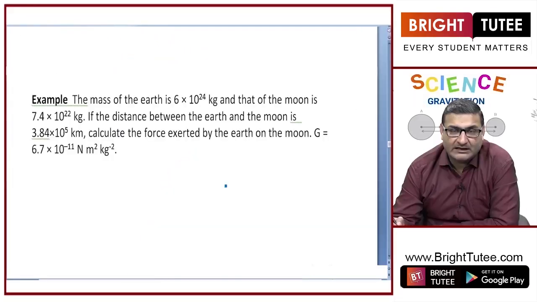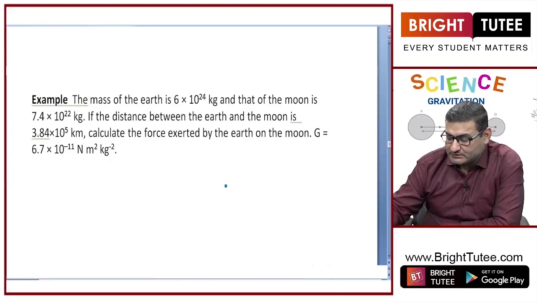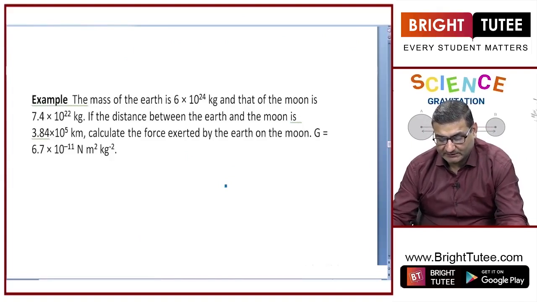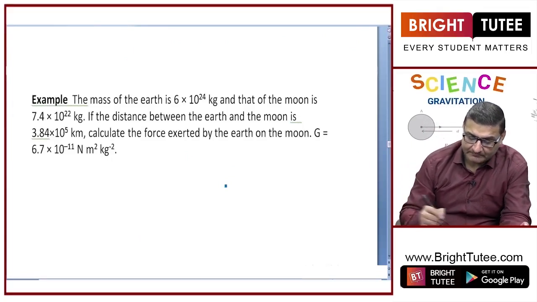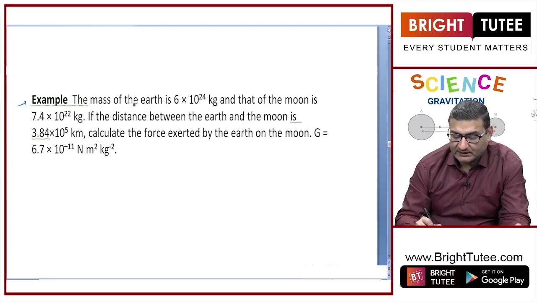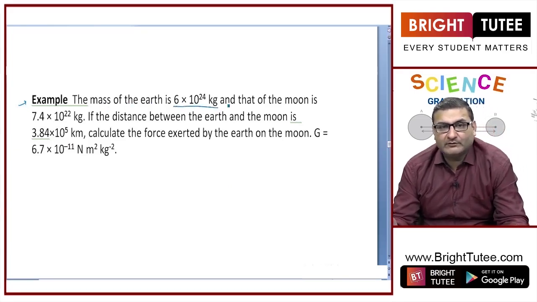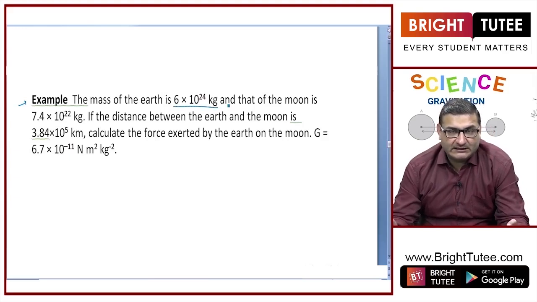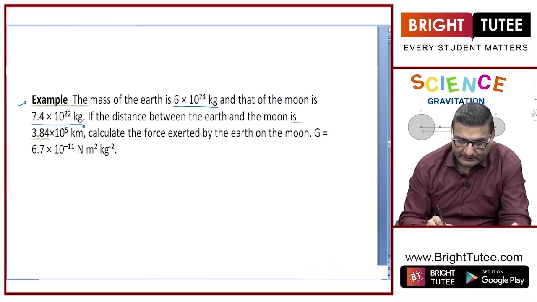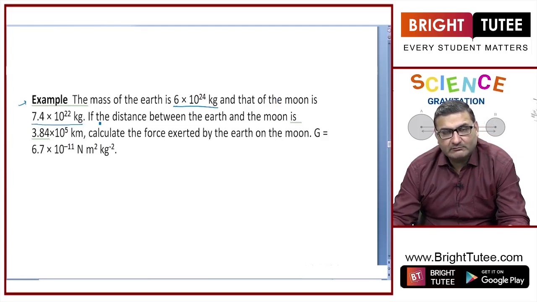Now, there are one or two odd questions which we encounter in the examination based on this particular formula. Let us see how we calculate, with an example. In this example, it is given that the mass of the earth is 6 into 10 to the power 24 kilograms. We are taking the earth as the first object, and the second object is the moon, whose mass is 7.4 into 10 to the power 22 kilograms.